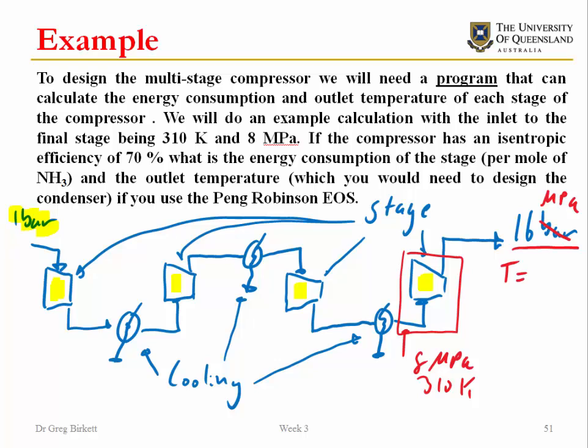But we don't know what temperature it's coming out at, but we do know the isentropic efficiency of this stage, and it's 70% or 0.7. So we're going to figure out the energy consumption of this stage, the amount of work per mole of flow.